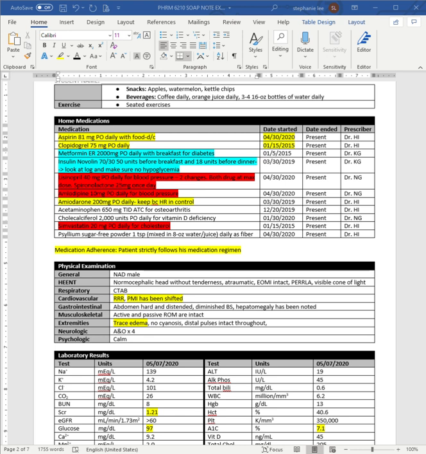For metformin, we want to keep monitoring A1C and glucose, as well as their cholesterol and LFTs. And the patient is a smoker, so we want to monitor smoking cessation, and a trigger log and things like that.